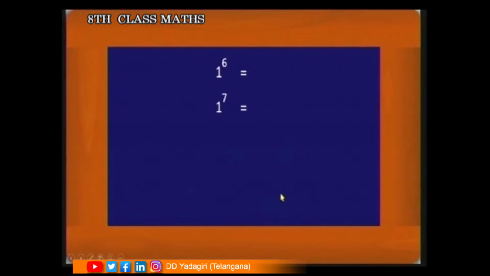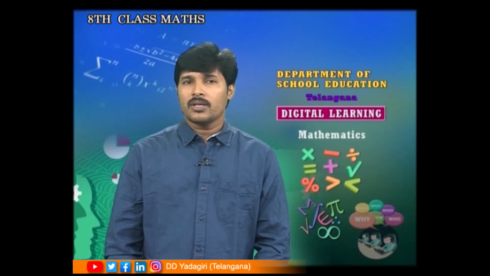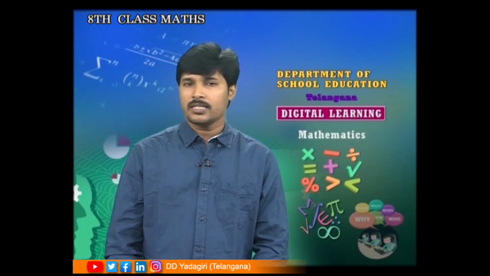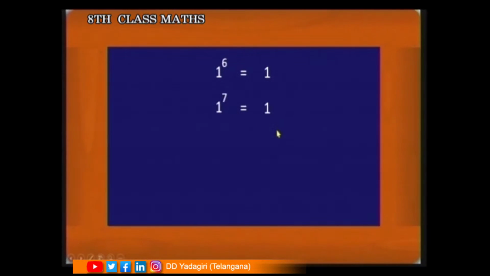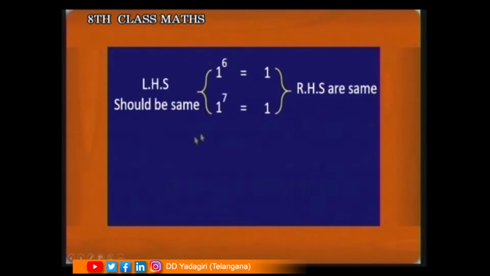But you observe, students, here on the screen 1 power 6 and 1 power 7 are there. What is the value of 1 power 6? It is 1. What is the value of 1 power 7? It is also 1. That means the RHS parts are the same. Thus we should understand the LHS parts should also be the same. That means 1 power 6 should be equal to 1 power 7. But according to the formula, if the bases are the same and they are equal, a power m is equal to a power n, then we can equate the exponents.